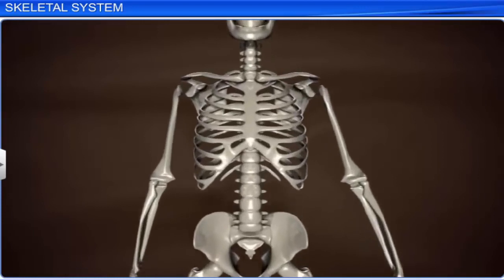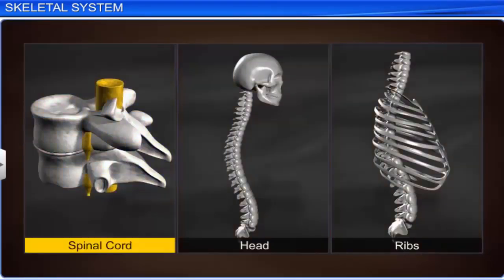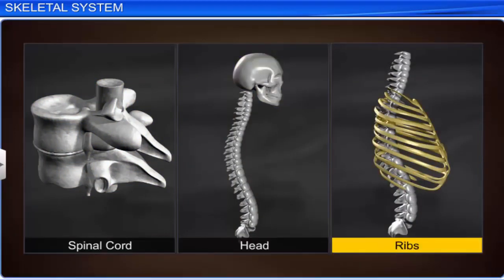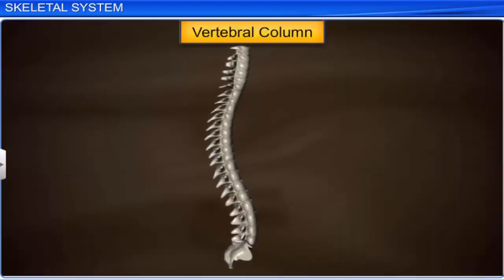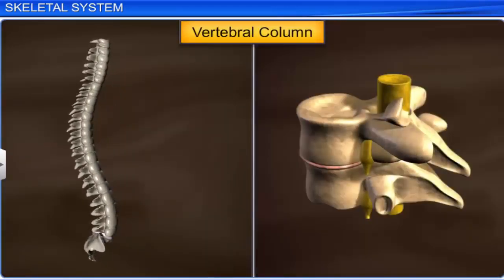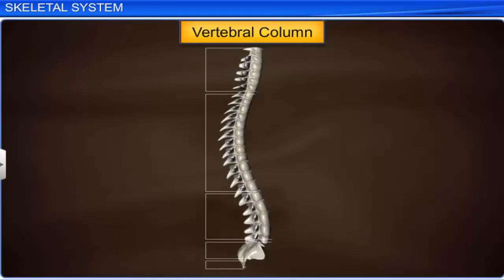The vertebral column has 3 main functions. It protects the spinal cord, supports the head, and serves as the point of attachment for the ribs. It consists of 26 differently shaped bones called vertebrae. Each has a central hollow portion called the neural canal, through which the spinal cord passes. The vertebrae are divided into 5 groups according to the region they occupy.